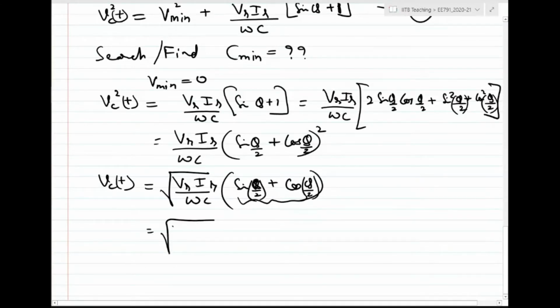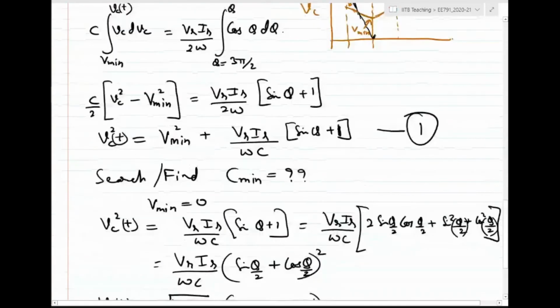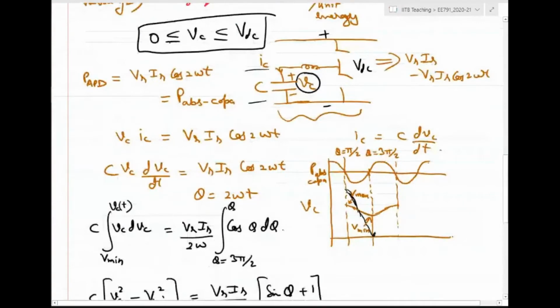So I cannot write this expression, because the right hand side quantity is actually nothing but root of VR IR by omega C into cos of theta by 2, where theta by 2 is omega t minus pi by 4. So now the right hand side quantity will oscillate between plus and minus, but the capacitor voltage, because I'm using this buck circuit, can never go negative.